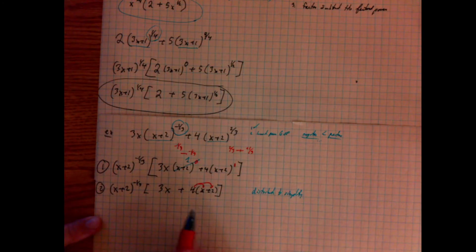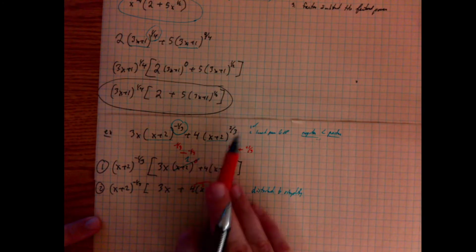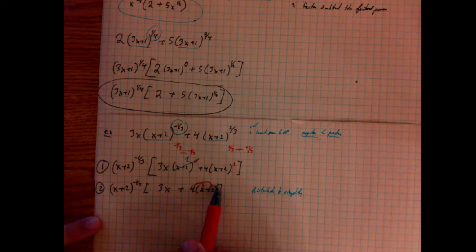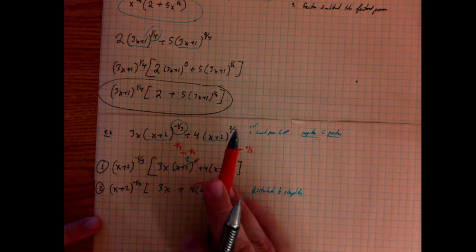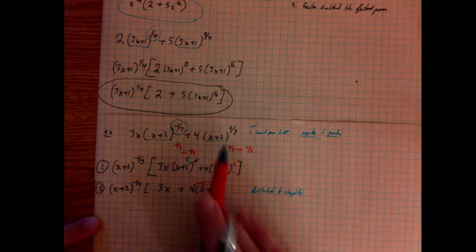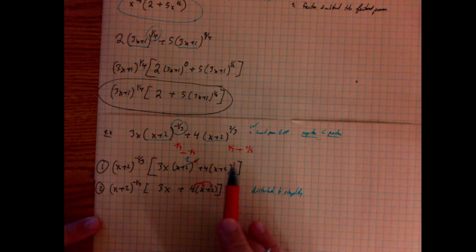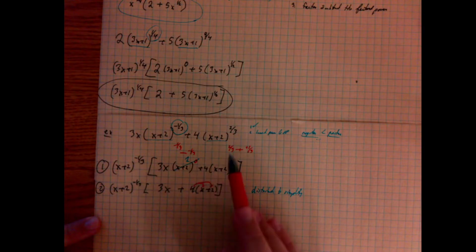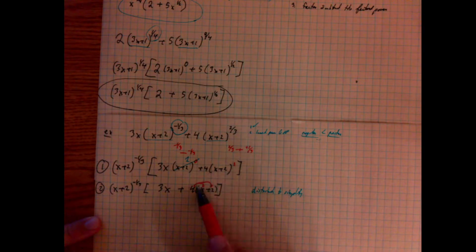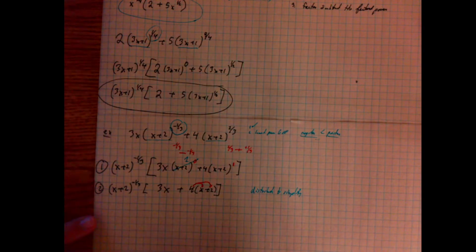That wasn't possible before because the 4 was attached to something with a power other than 1. When the power is 1, remember, it disappears. Before, it was a power of 2/3. We can't distribute until we get rid of that 2/3 power. Well, we did by factoring. And we happen to factor by that negative 1/3, which causes that 2/3 to become a 1, allowing us to take this step.